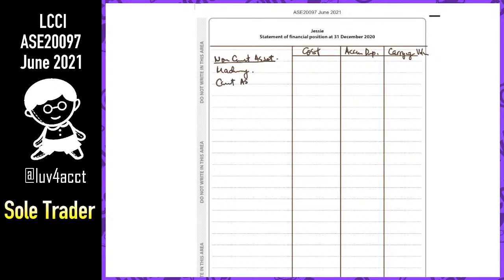Current asset. You have inventory. I do not remember if you have any other receivable. I don't think so. Trade receivables, no allowance for doubtful debt, and then you have cash in hand. And then total asset.